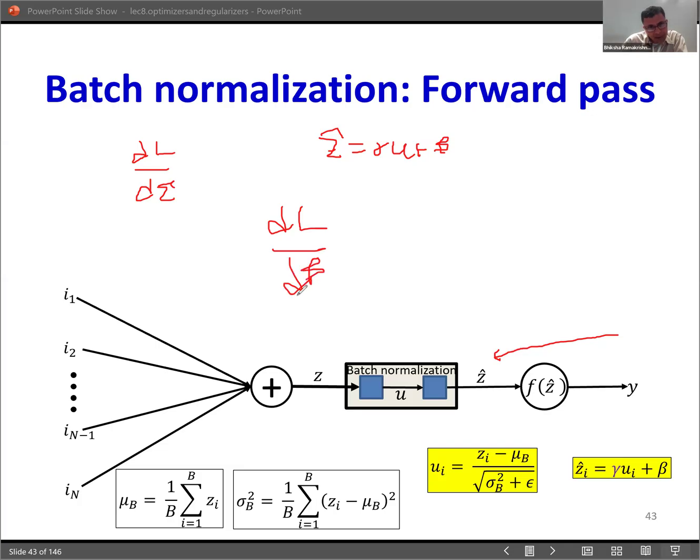Anybody? This relation tells you how u became a Z hat. Backpropagation gave you the derivative of the loss with respect to Z hat. So what is the derivative of the loss with respect to beta, assuming that you have this? What is it from this relationship?